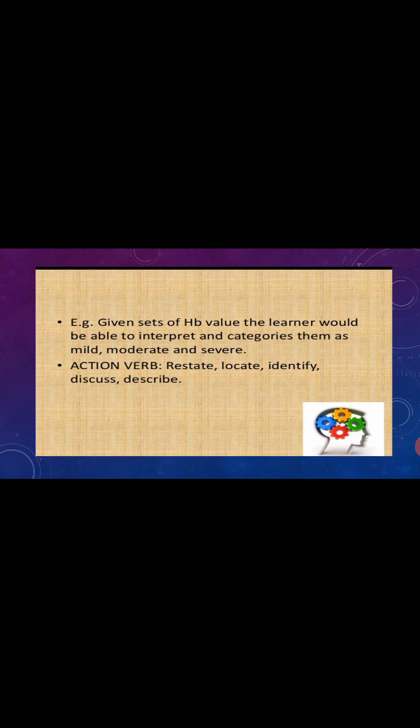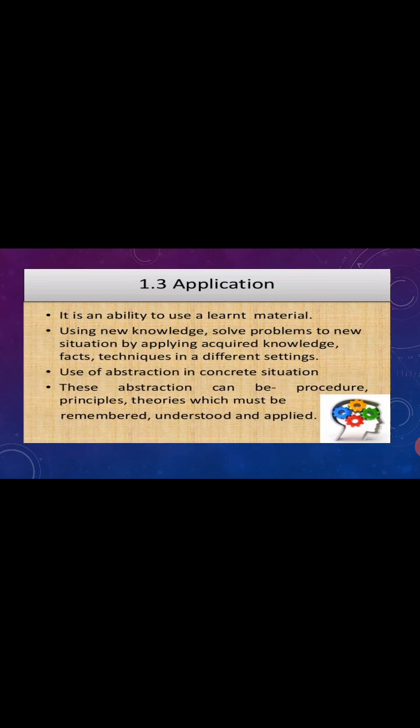Now suppose I am giving you 5 hemoglobin levels. If you know what is anemia, and how to categorize anemia as mild, moderate, severe, if you have understood it, you will be able to categorize from the 5 hemoglobin levels. The action verbs you can use: restate, locate, identify, discuss and describe.